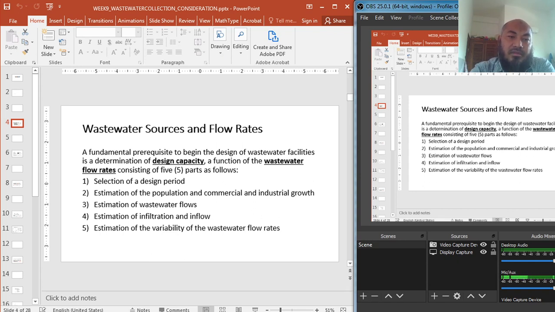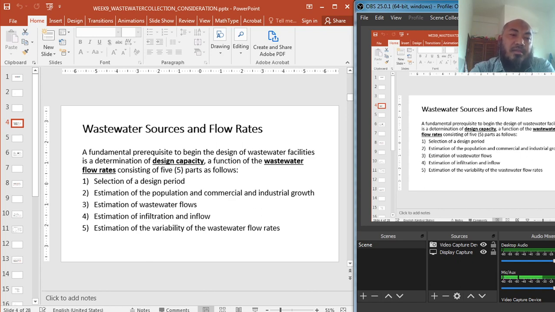This is very important because when the plant is constructed, it is not that easy to expand the existing plant based on future demand.